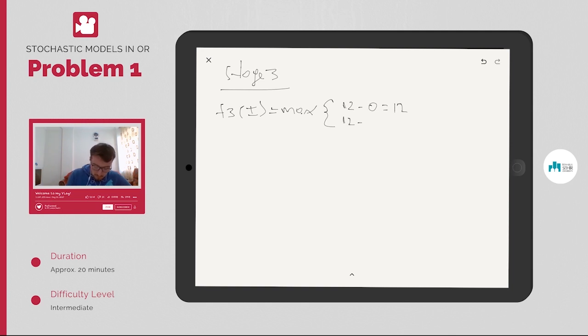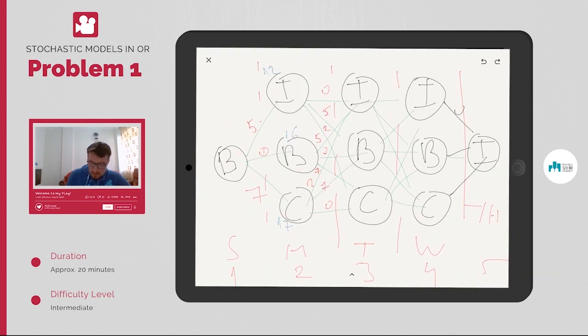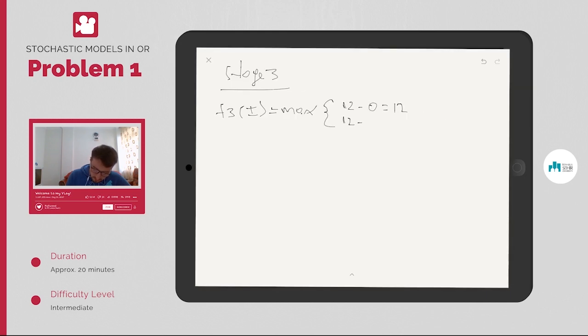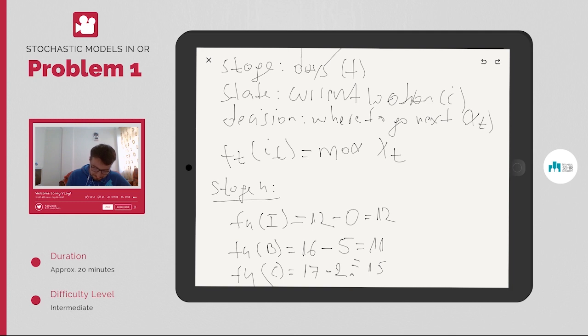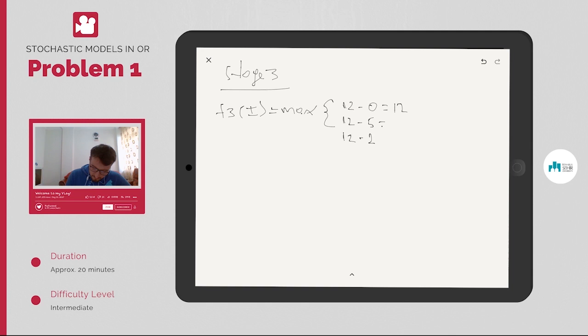I can go to Bloomington from Indiana, and if I go to Bloomington, then the cost of traveling from Indiana to Bloomington is $5. And I can go to Chicago, and that is $2. Make sure, yes. So we have 7 and 10.